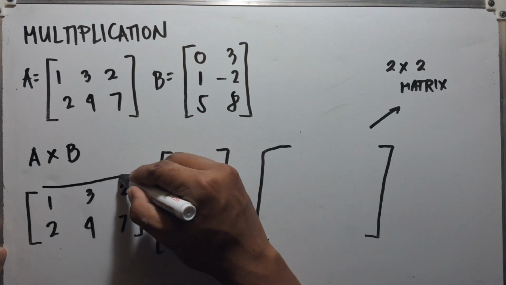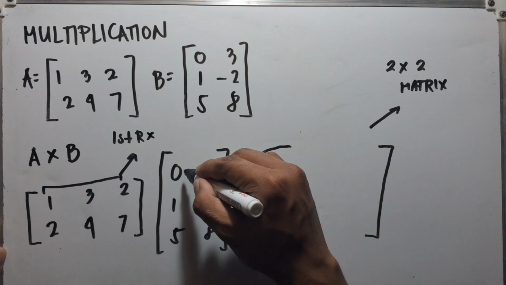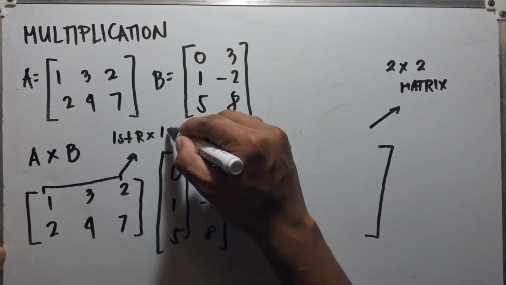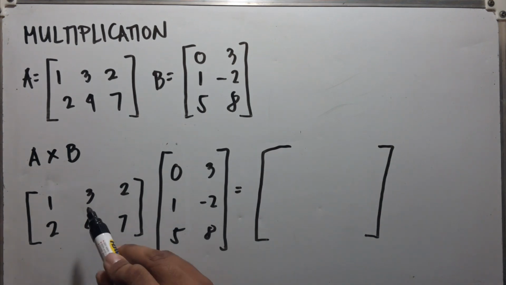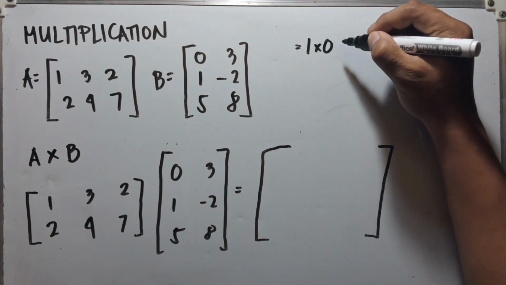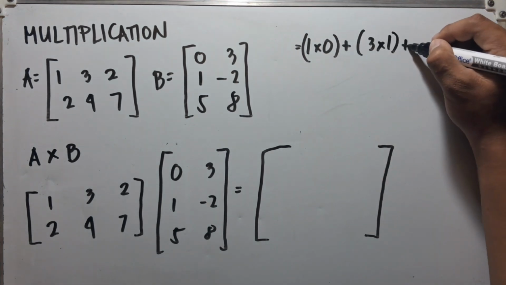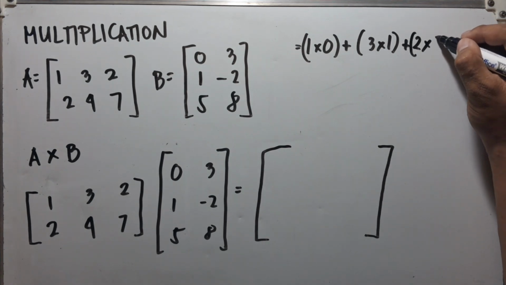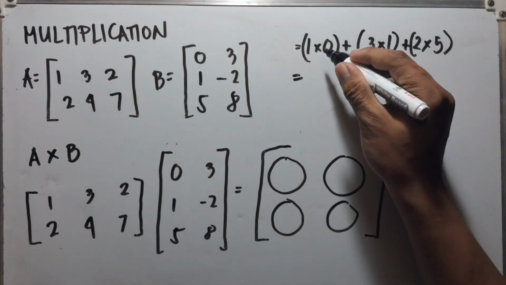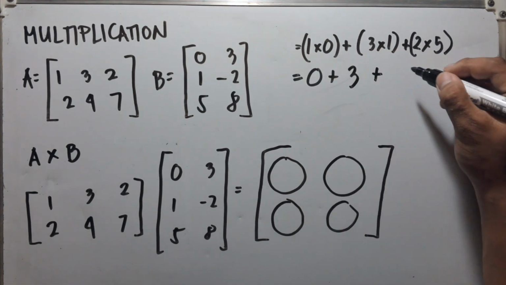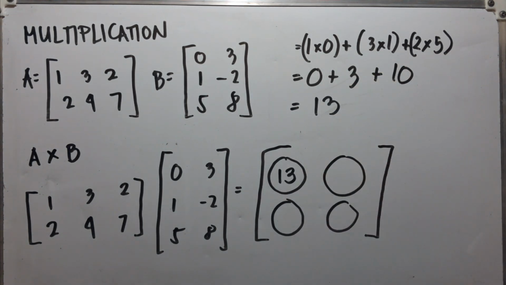To multiply it, we'll first multiply the first row of matrix A and the first column of matrix B. So just like this, 1 multiplied to 0 plus 3 multiplied to 1 plus 2 multiplied to 5. The answer will be 0 plus 3 plus 10, and that is equal to 13.